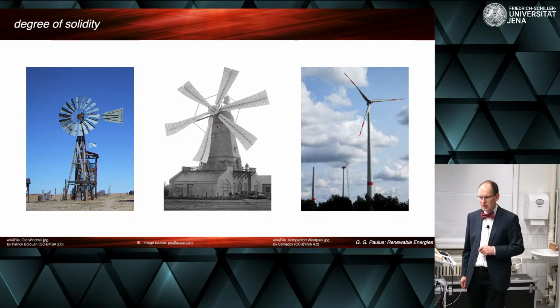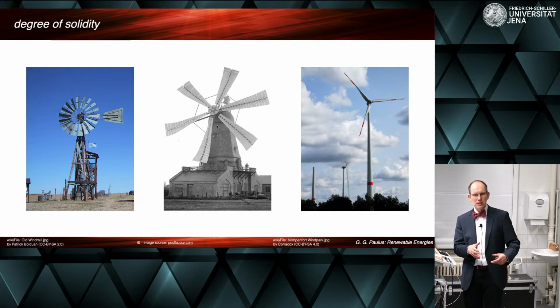This is a historic photo of a windmill that's in between, and actually also the Dutch windmills. They have a not so large ratio of blade area to swept area, and so you get that.